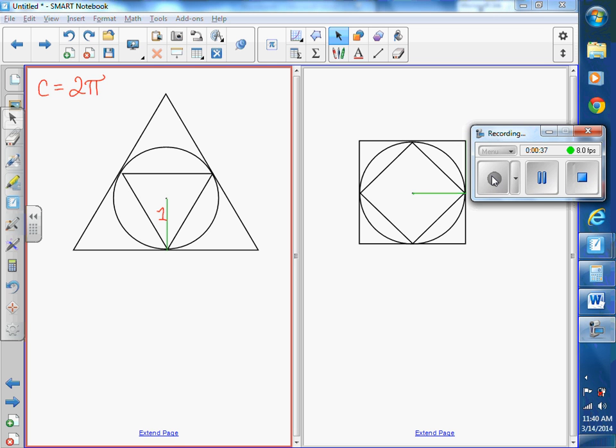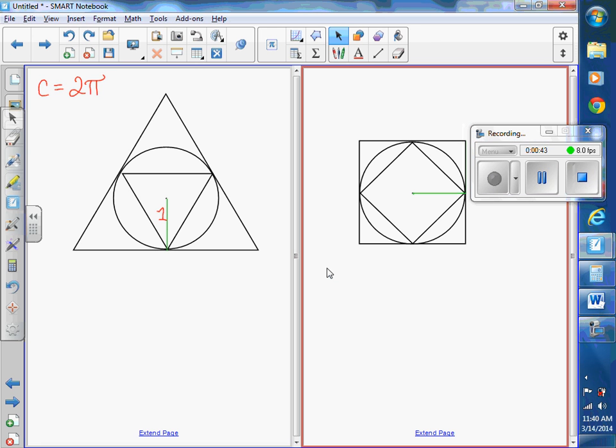So what happens is, as the polygons get more sides, even though the circle continues to have a radius of 1 and a circumference of 2 pi, the inside perimeter is going to be smaller than 2 pi, and the outside perimeter is going to be a little bit bigger than 2 pi.